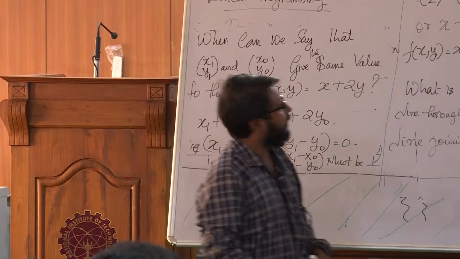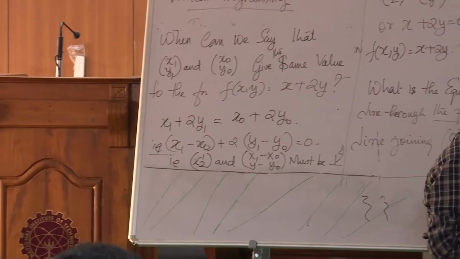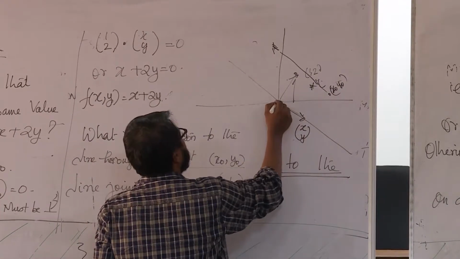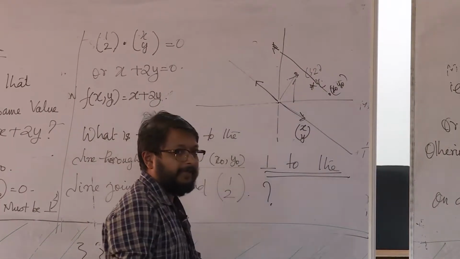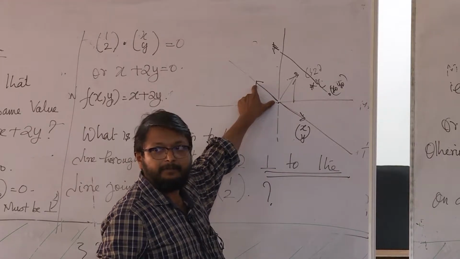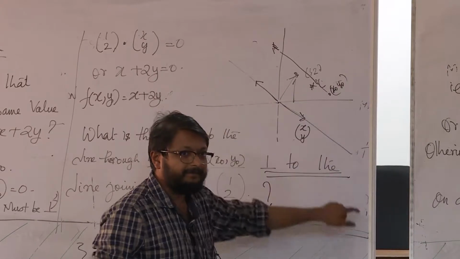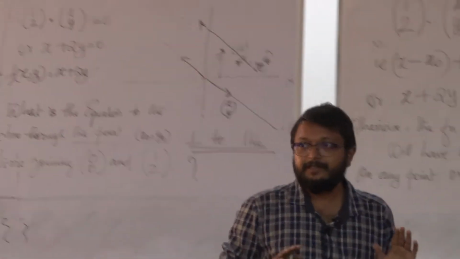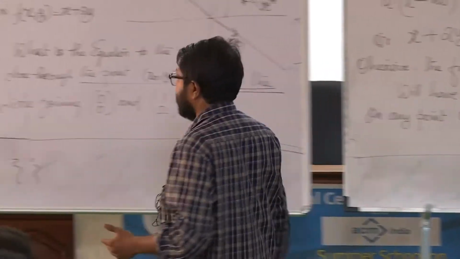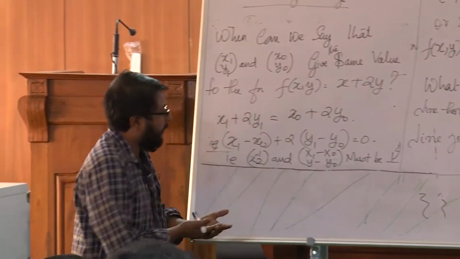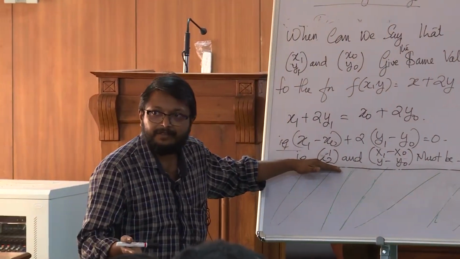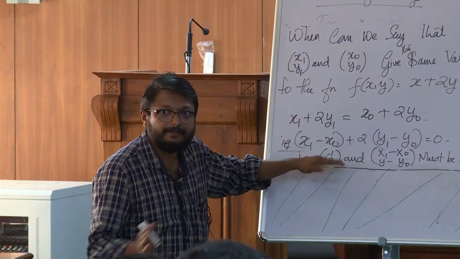So, the line joining the 2 points has to be perpendicular to the vector (1, 2), or otherwise the vector joining the 2 points should be along this line. Is this very clear? That is what this says, right? Because the vector joining x naught y naught and x1 y1 should be perpendicular to the vector (1, 2).